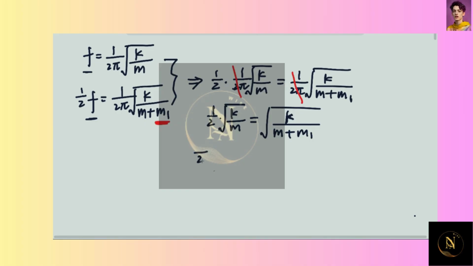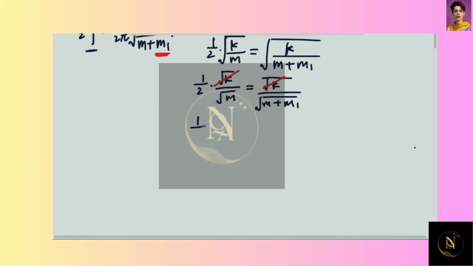So we can do it this way. Square root of k over square root of m equals square root of k over square root of m plus m1. And it is much easier to see that now we have square root of k on both sides. So this can be cancelled out. And now we have 1/2 times 1 over square root of m equals 1 over square root of m plus m1.